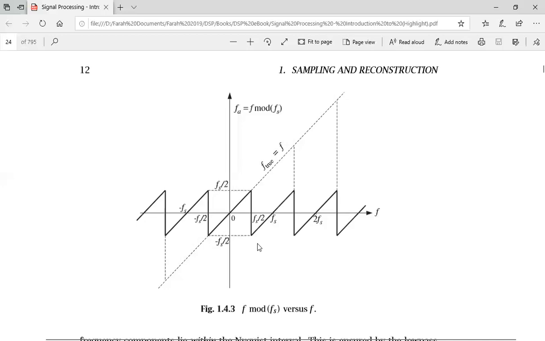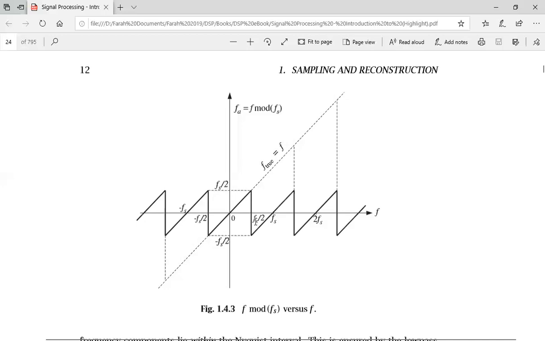It means you will get two frequencies, and this is verified from here, because when your x-axis frequency is fs by 2, you have plus fs by 2 here and minus fs by 2 here. It means the aliased frequency components would not be just a single 5 hertz frequency, but plus minus 5 hertz.